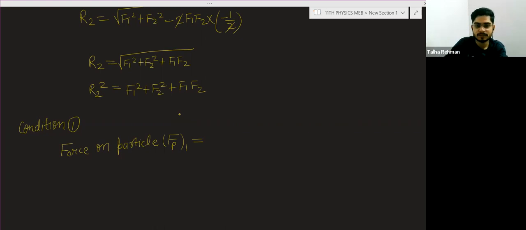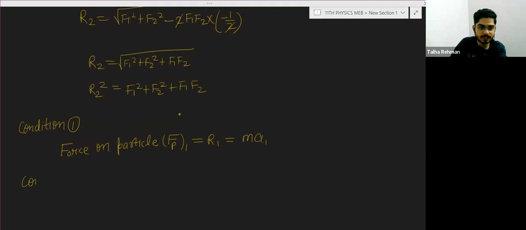You can write R1, and the value of this force will be, this R1 represents the force, mass of the particle into acceleration of the particle for the condition 1. You can write this.